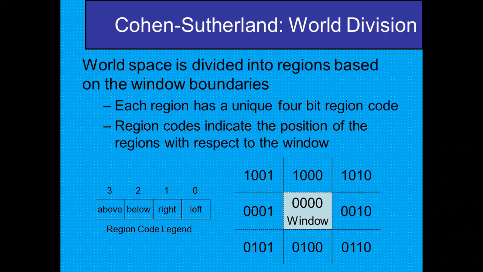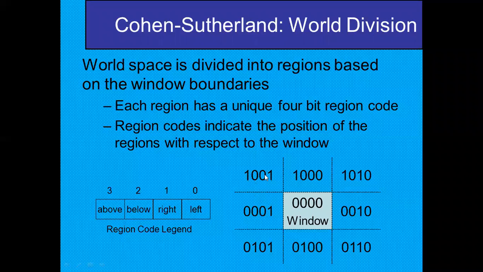Region codes indicate the position of the regions with respect to the window. Whatever we are going to calculate, we calculate with respect to this window. So this central region is called the window, and for the window we decide the 4-bit code as 0000.